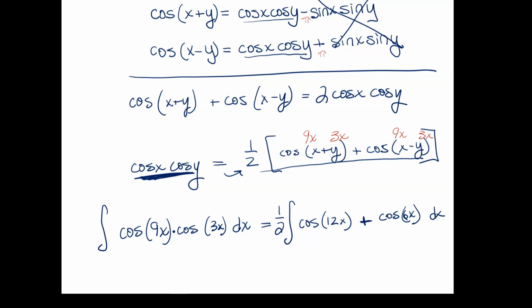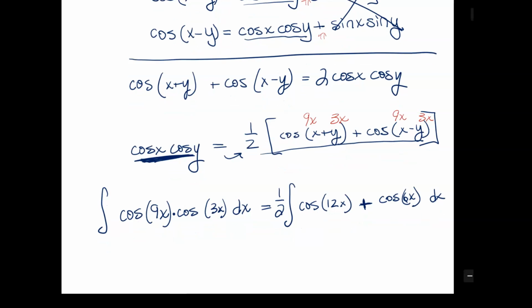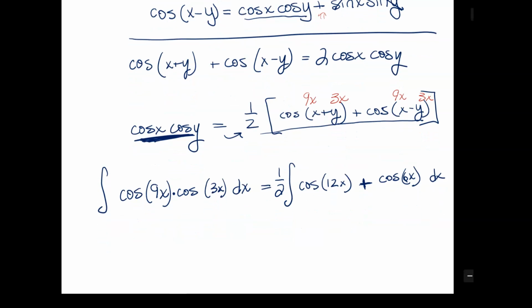We can't just integrate them one factor at a time. However, we can integrate one term at a time. So the trick for this one is to use those sum and difference formulas to figure out how to separate that product into a sum. And now each of these can be calculated individually with their own separate u substitution.